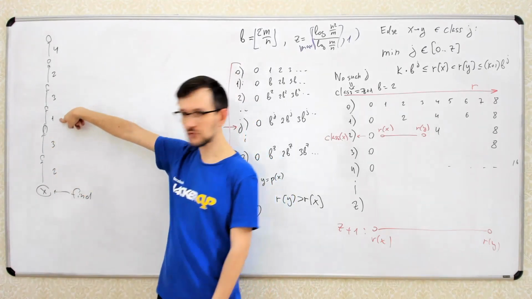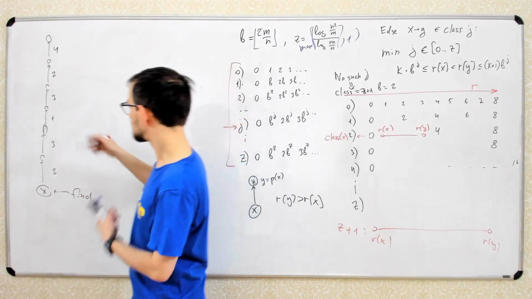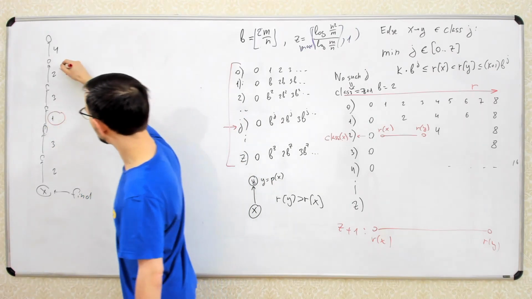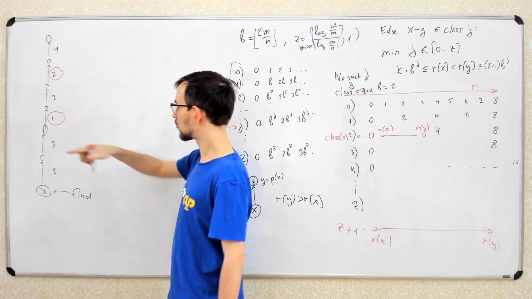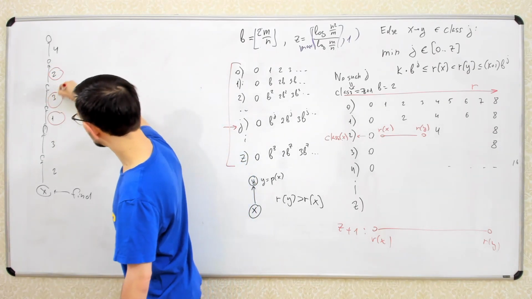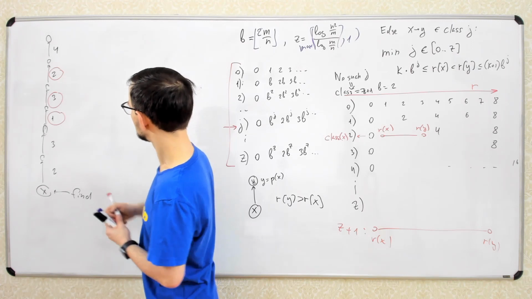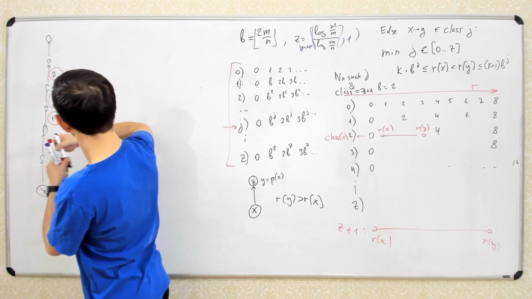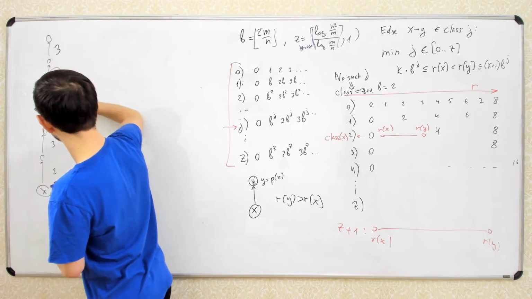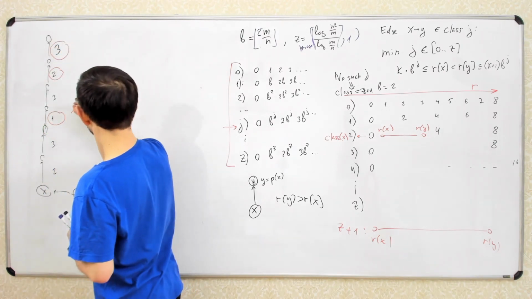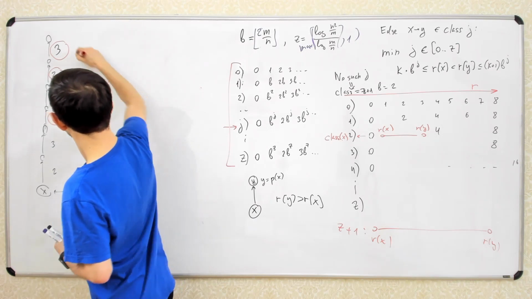We have one edge from class 1. From class 2 we have here and here, so let's take this. From class 3 we have this and this. Take this. That's another 3, to make it more interesting. So these edges are the last edges from their class.